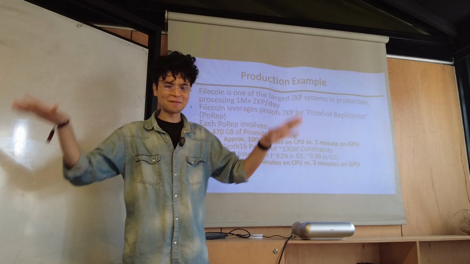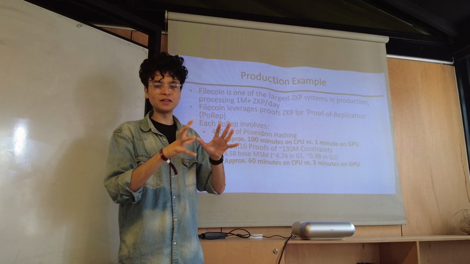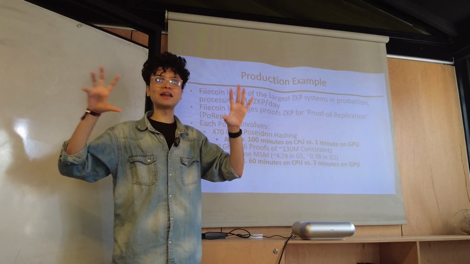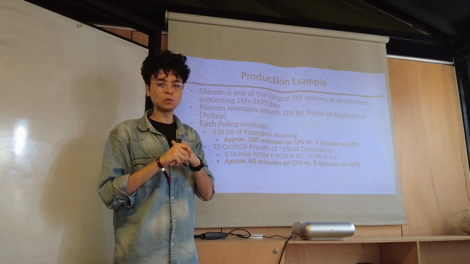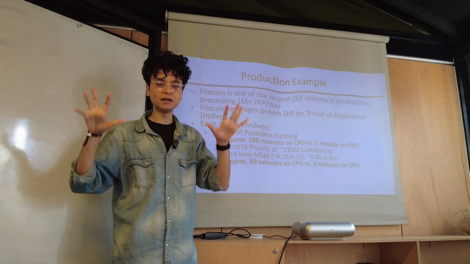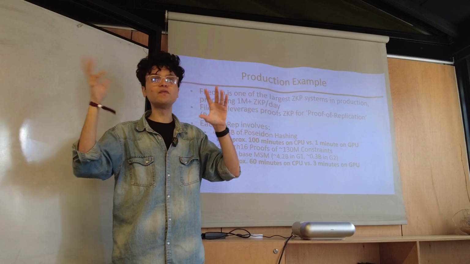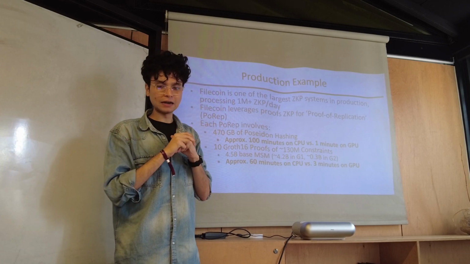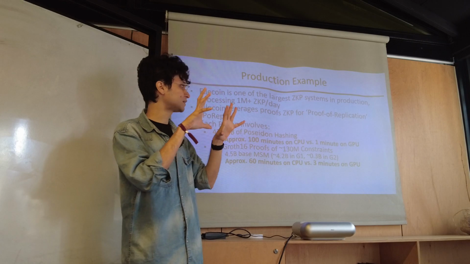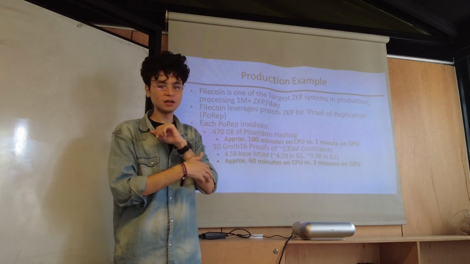Okay, I think I'm nearing the end of the presentation. I'll just quickly end with an example of Filecoin, and how it's using hardware acceleration in practice today. Filecoin is an example of something that is working in the real world today and generating the highest amount of zero knowledge proof volume, I think. It uses something called proof of replication, which says that your data has been properly stored in the blockchain network.